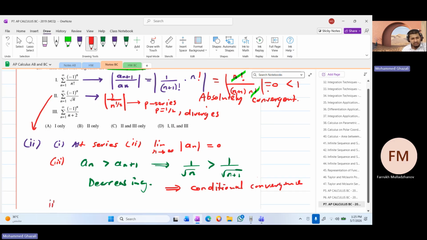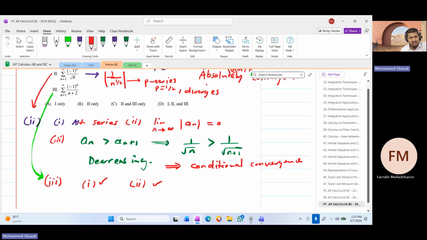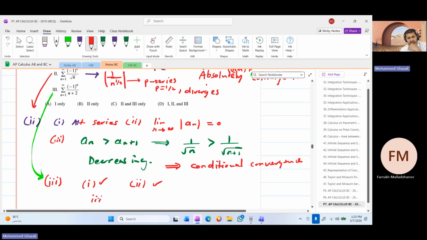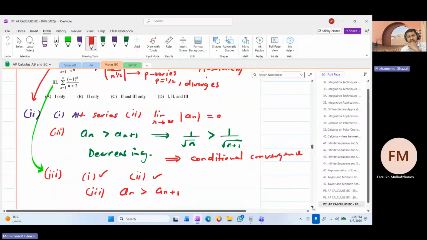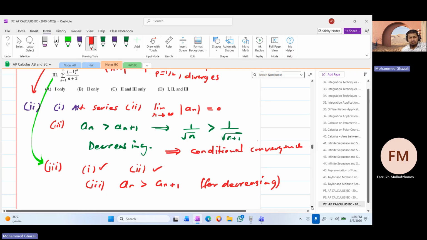Next, the third one, which is this one over here. We're going to do a similar thing. It's alternating, so condition 1 is satisfied. Condition 2 is satisfied, since an goes to 0 with infinity at the bottom. For condition 3, I need to check: is an greater than an plus 1, for decreasing, for all values of n greater than 1?